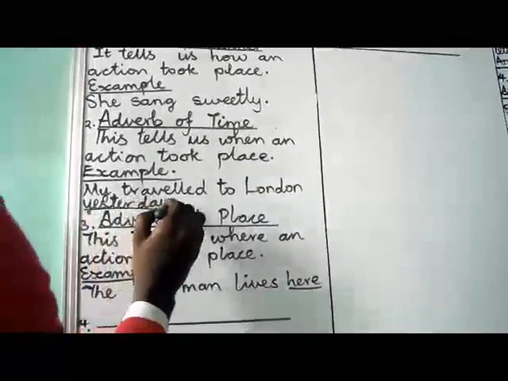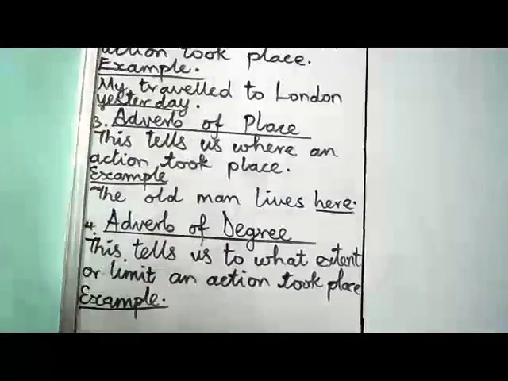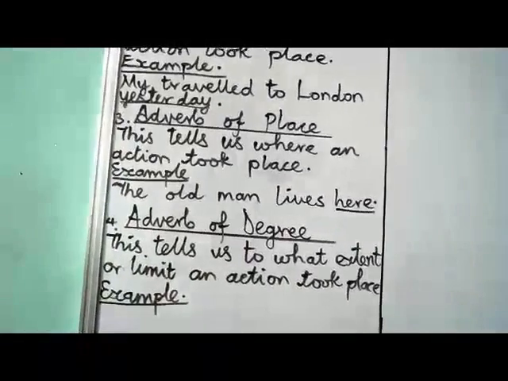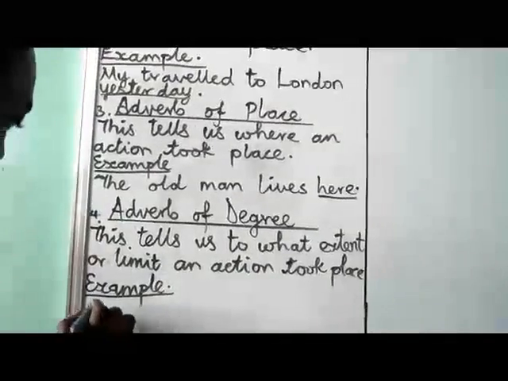Yesterday talks about time. The fourth type of adverb is the adverb of degree, and this tells us to what extent or limit an action took place. Example, the weather was quite cold.